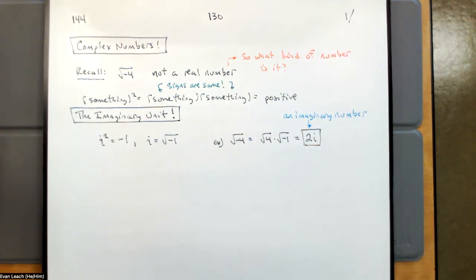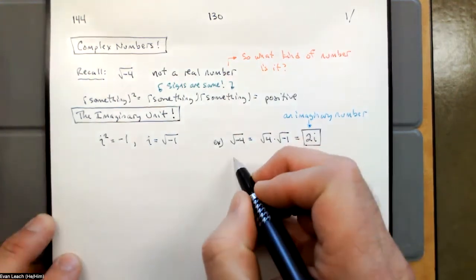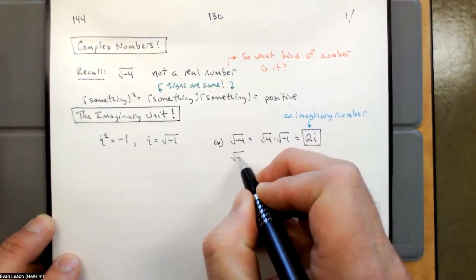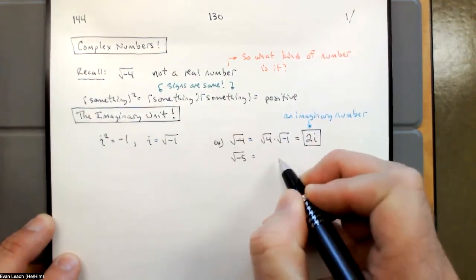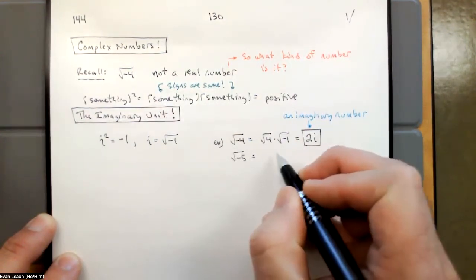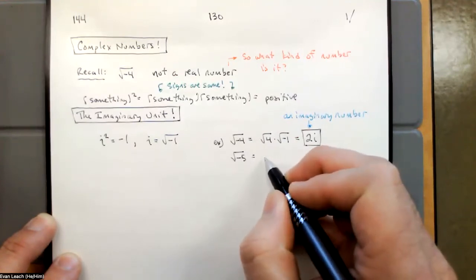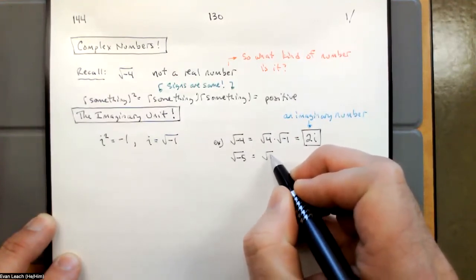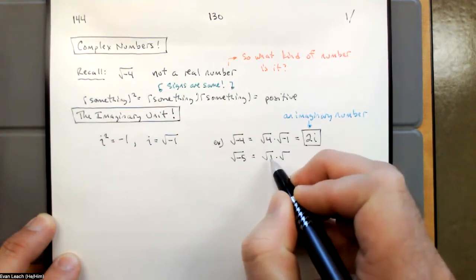Now, if our square root is not a square, so if I've got something like the square root of -5, we can simplify the square root of -1 parts.